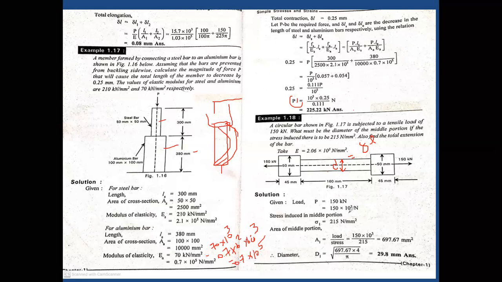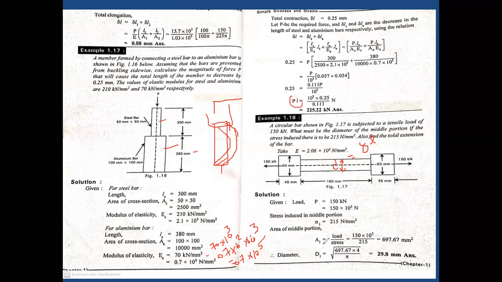So as per the data given in the problem, we know the value of P is 150 kilonewtons, and the stress is 215 Newton per mm square. We need to calculate the parameter D1.